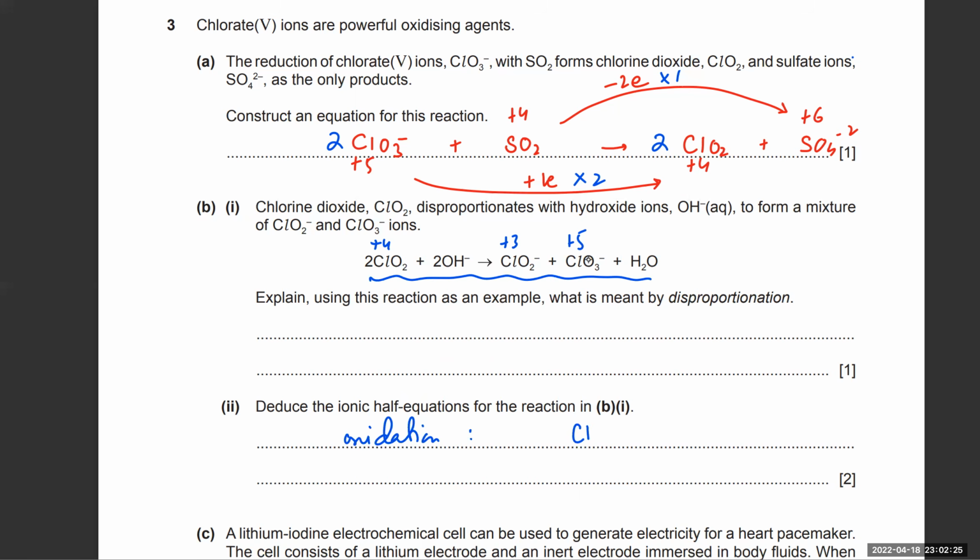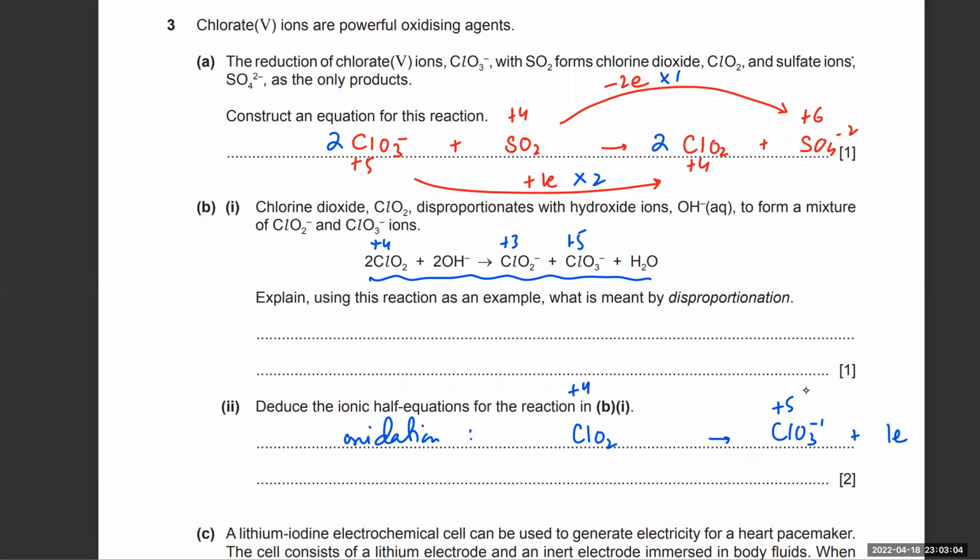So that is ClO2, which goes from +4, and you end up with ClO3 minus, where Cl is +5, right? I mean, you're not going to write this +4 and +5, because I'm just writing it for working, but I'll remove it at the end. So I've written down the oxidation states on top of them. If something goes from +4 to +5, that means it has lost one electron, right? So you add in the one electron.